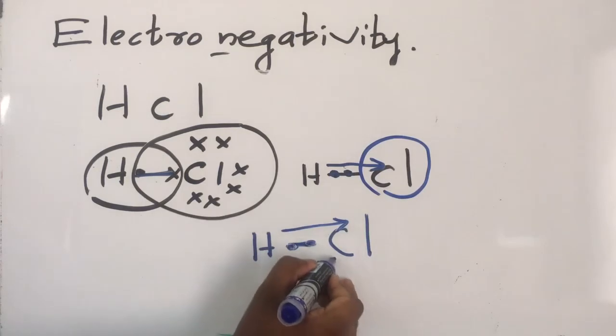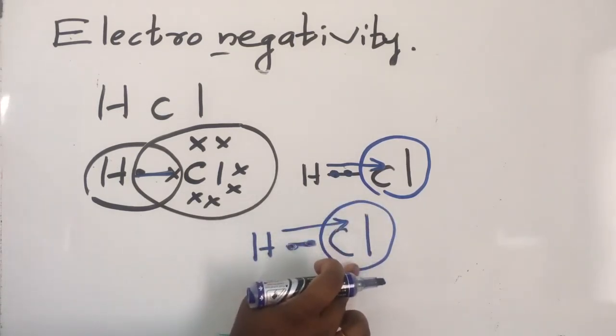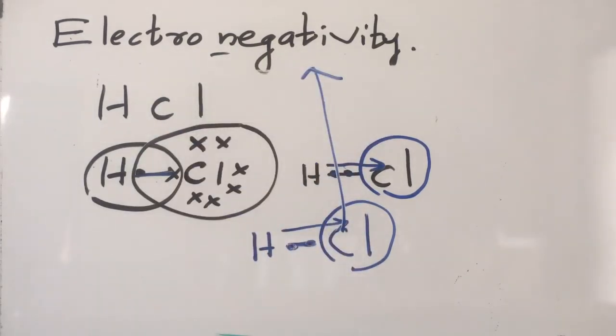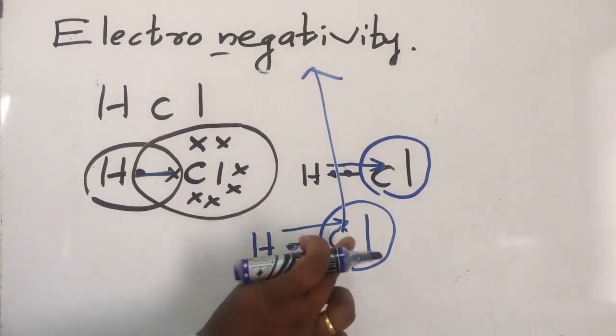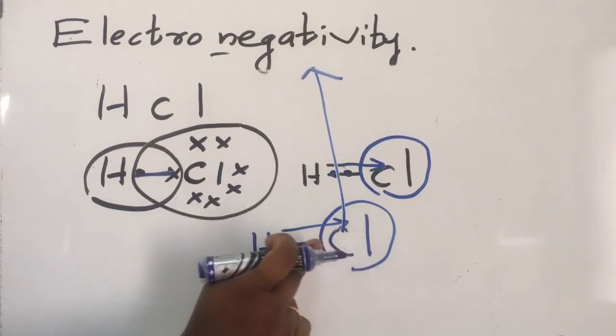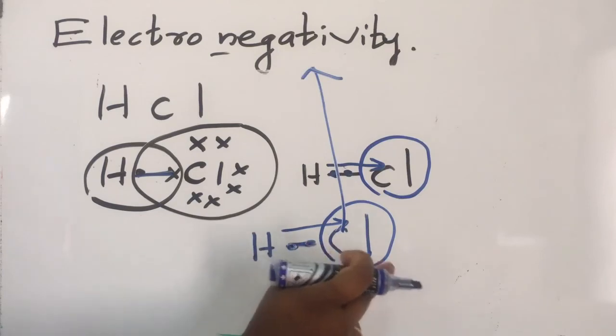The tendency of chlorine to attract the shared pair of electrons is called electronegativity. What is electronegativity? The tendency of an atom to attract the shared pair of electrons in a compound is called electronegativity.